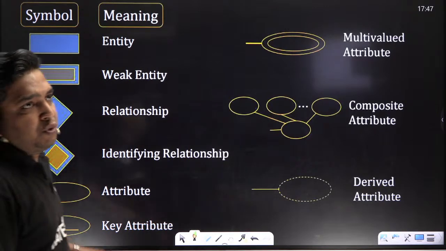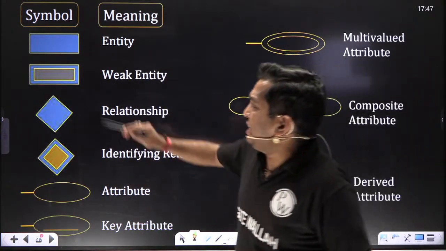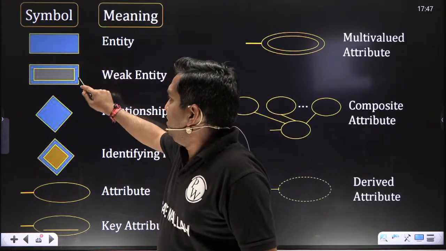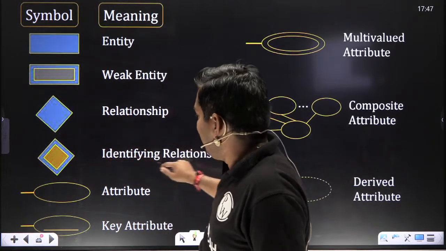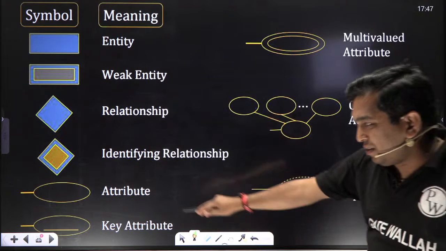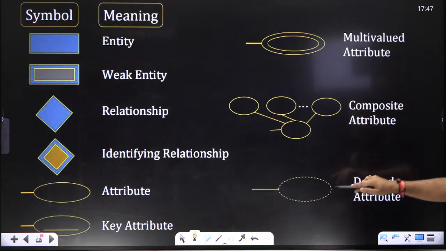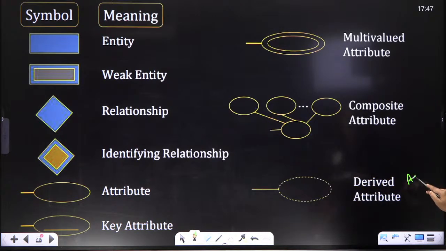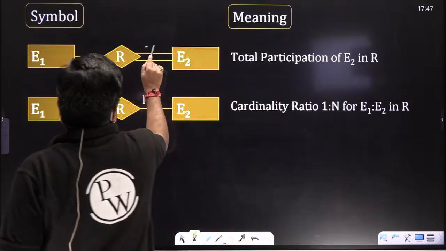Now I am showing the symbols. Entity is a rectangle, weak entity is a double rectangle, relationship is a diamond, identifying or weak relationship is a double diamond, attribute is an oval, and a key attribute is underlined. This is multi-valued, this is composite, and this is a derived attribute like age. And here total participation at the E2 side.